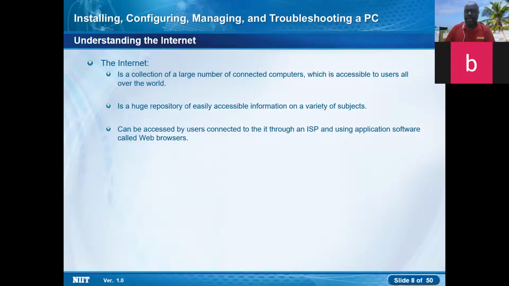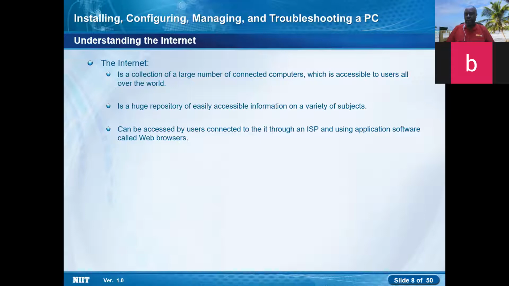For you to access the internet, you need to subscribe to an internet service provider. That is a company that provides internet services. Here in Zambia, we're talking of companies such as Zamnet, Zamtel, Coppernet, and so on. But also, even now, the mobile phone service providers are providing internet.